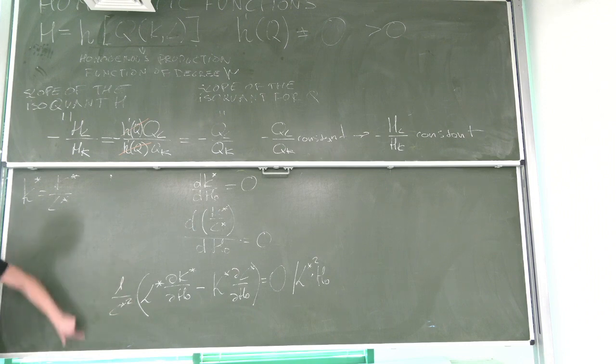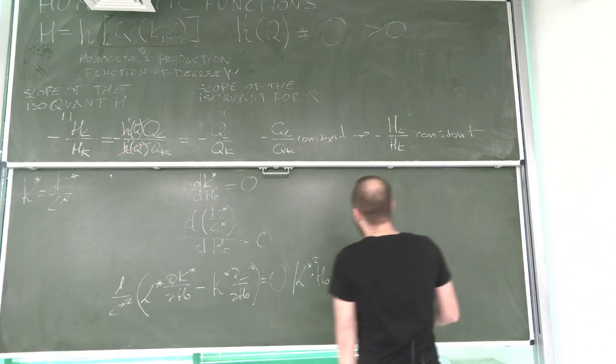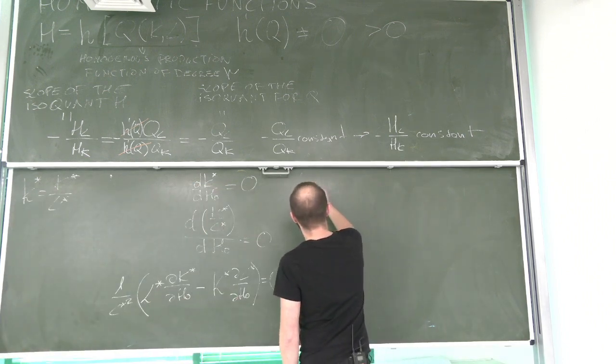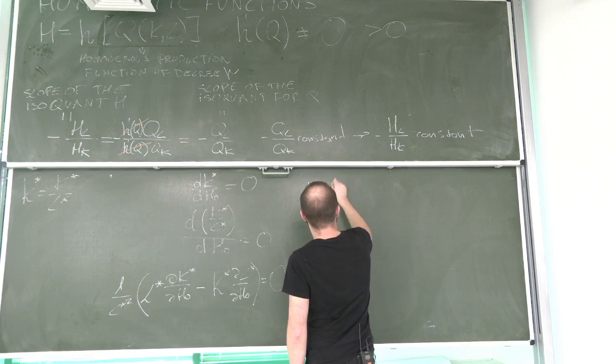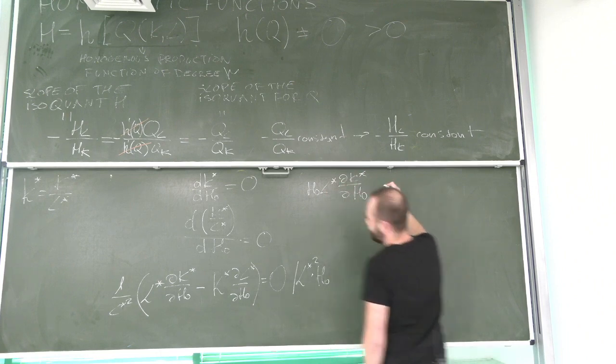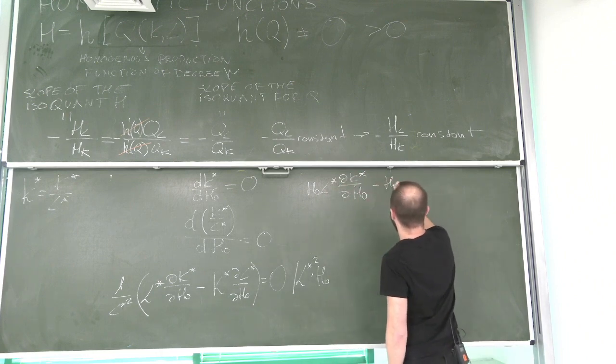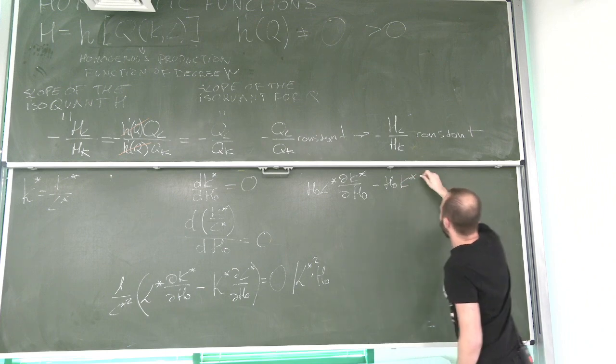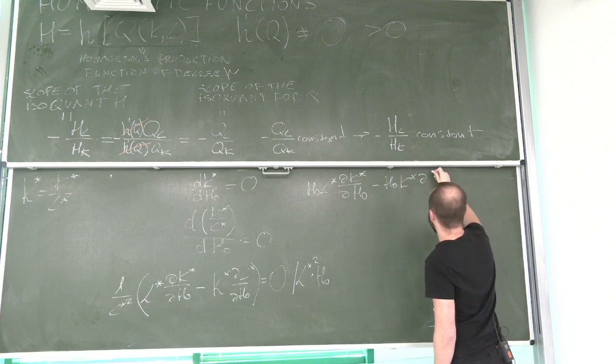We know that this is actually different than 0. And as a result, we are getting h_0 times L times the derivative of K with respect to the level of production, and similarly over here, just in the other order.